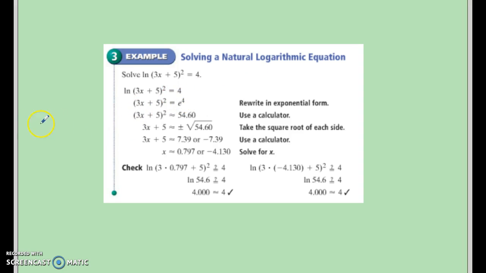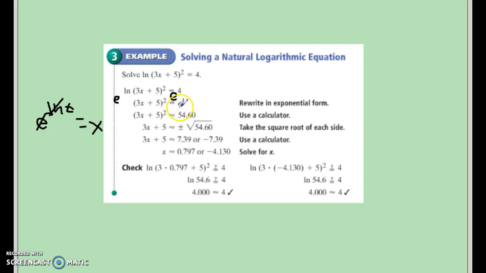Well, I know that e to the natural log of x just equals x, because e and the natural log are inverses, so they can just go away. So I take both sides and set them as exponential equations: e to everything on the left side equals e to everything on the right side. So my natural log goes away, and I have (3x plus 5) squared equals e to the fourth.